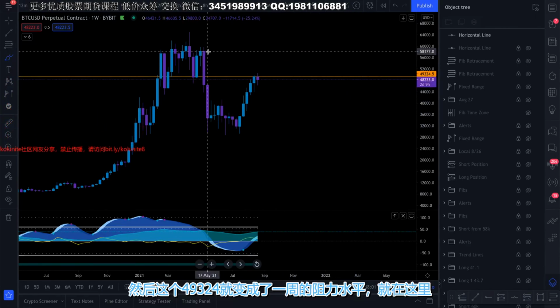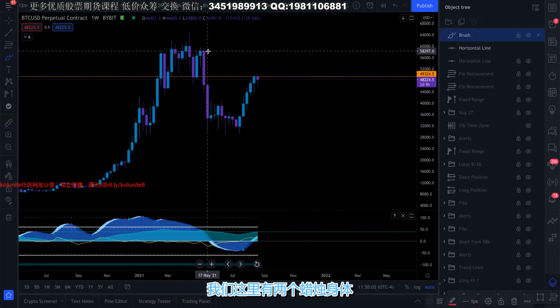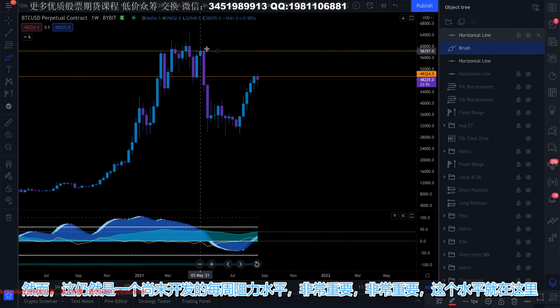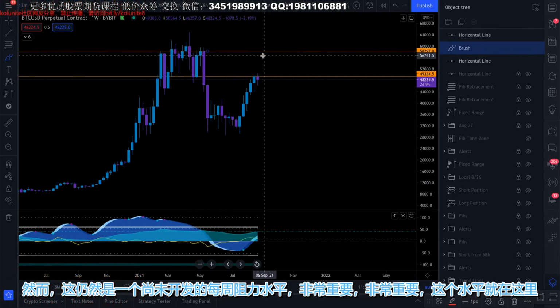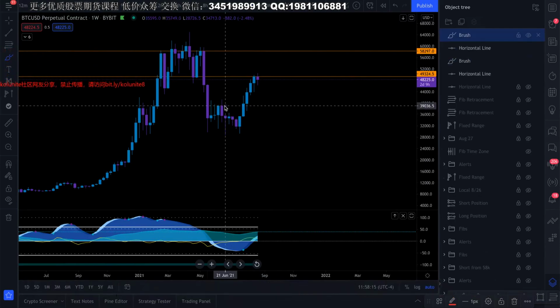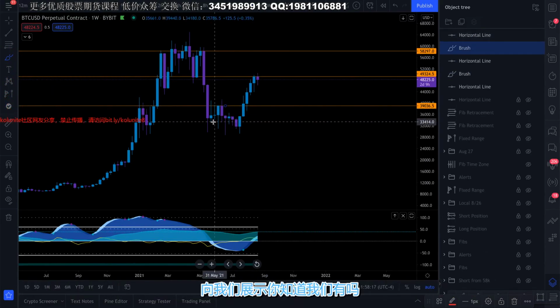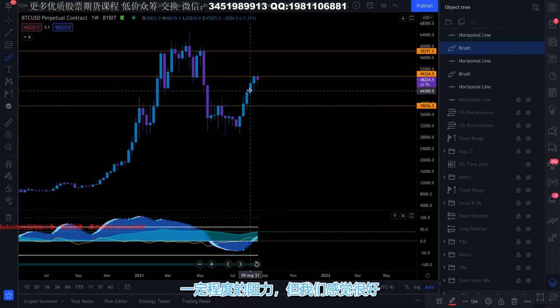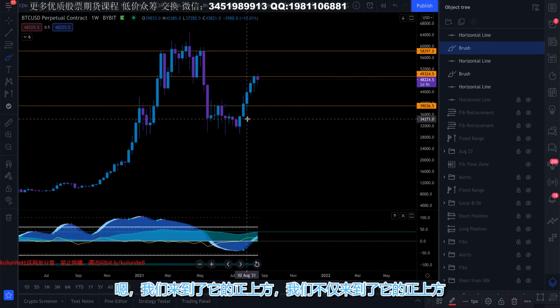Okay, right up here we had these 2 candle bodies. Right here we can see that because it's untouched, this is still an untapped level of weekly resistance. Very important. This level right here, however, is showing us that we have a level of resistance, but we came up right above it.